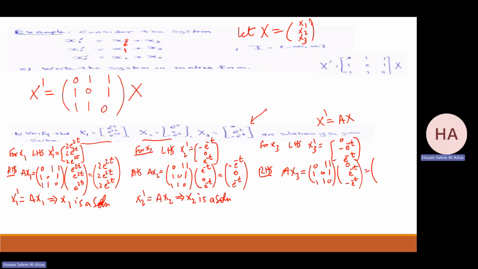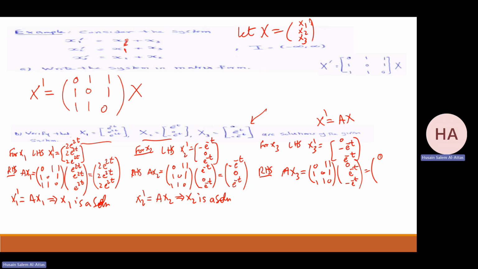That give me what? Zero is minus t minus is minus t, that will be 0. Clear.